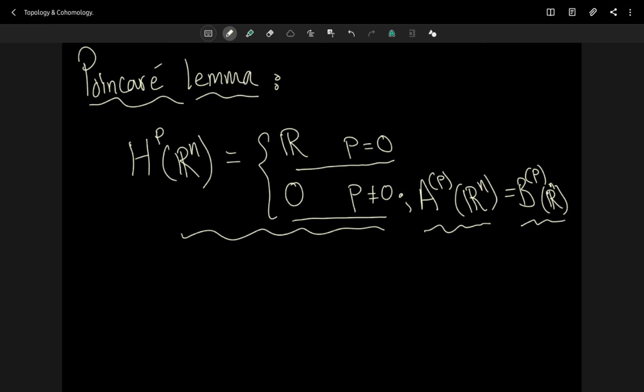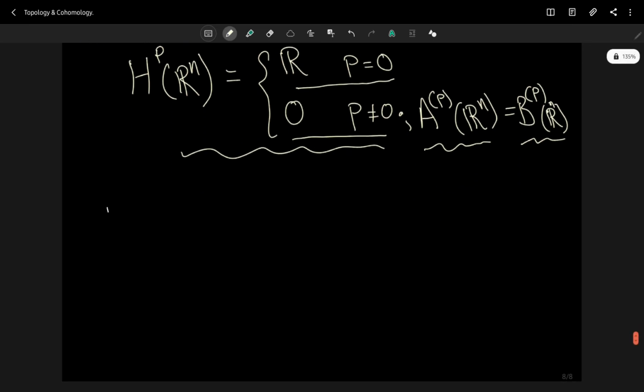Now you might ask me why or how can I say that? Well, that is simply because locally any manifold looks like Rn. If you look at a manifold locally, it will look like Rn, and so locally any closed form is then exact, because of this thing.